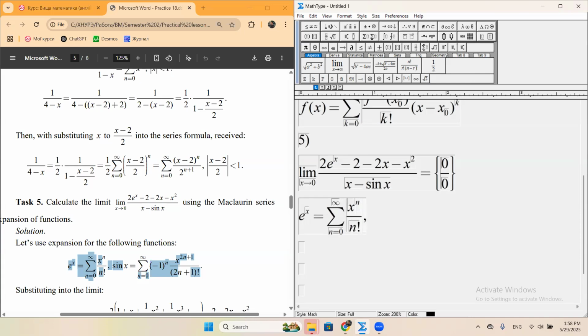And for sine of x, the following expansion: the sum for n from 0 to infinity of (-1)^n x^(2n+1) over (2n+1) factorial.